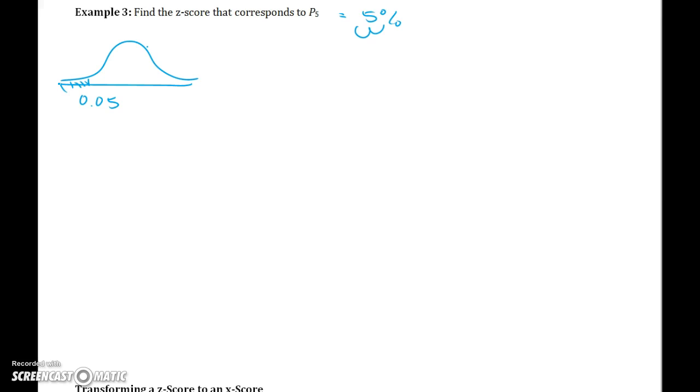Well, you're again going to go to your chart, and I do want you to legit do this. So press pause and do that for me right quick. Okay, so you did that and you found that it's not exactly there, but it's dead smack in the middle of the values that they had for negative 1.65 and negative 1.64. So to find an accurate z-score, I'm going to find the average of these two.